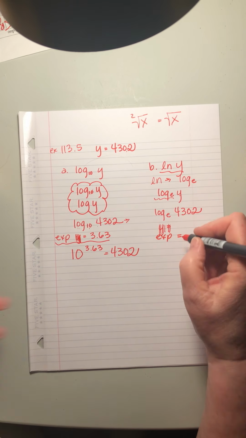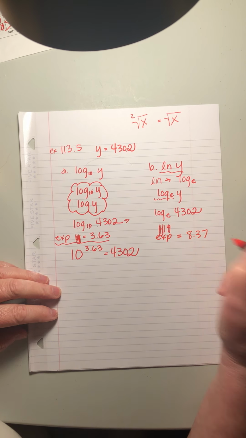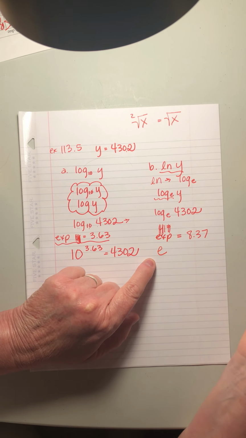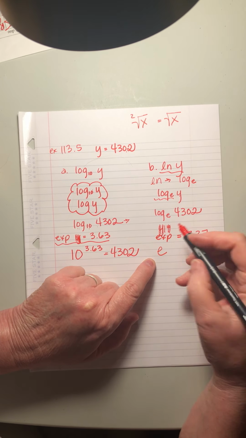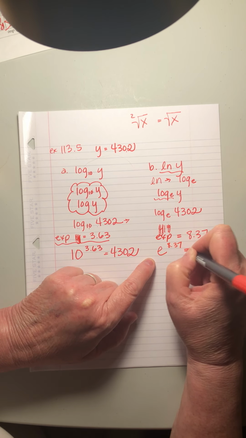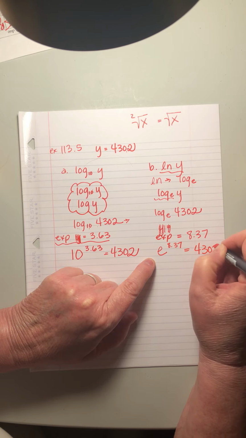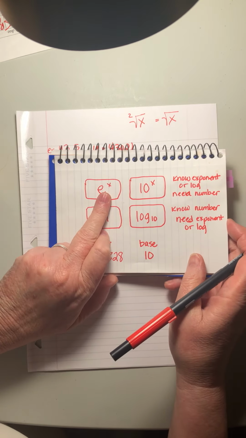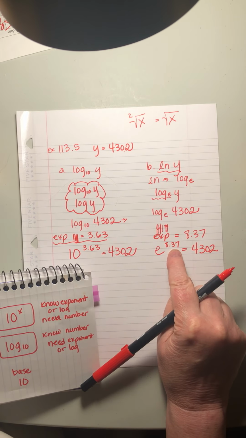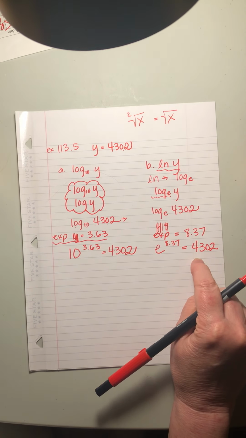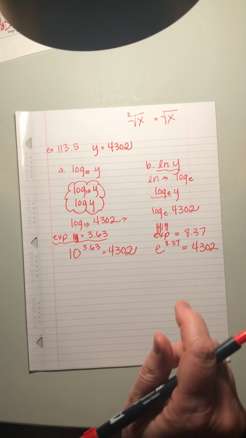Yes, just want to double check. And we can double check that as well by taking the base of e, which again is 2.71828, and raising it to the 8.37 power using this button, right? We would enter 8.37, punch that little bad boy, and then that should give us this number back again.